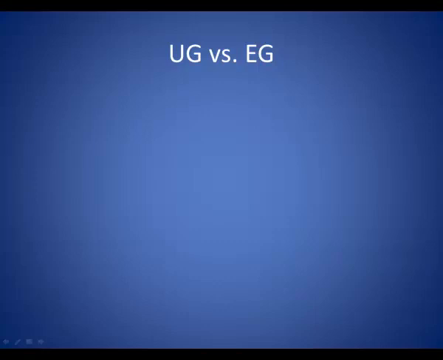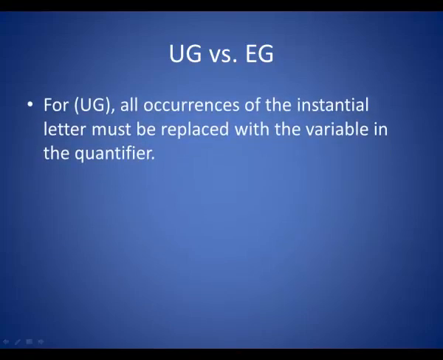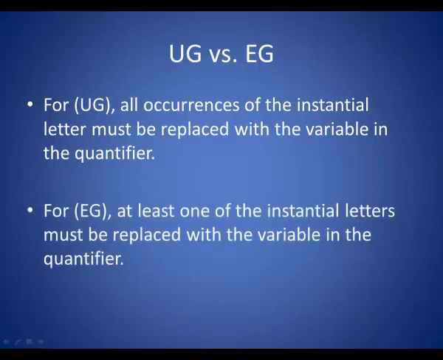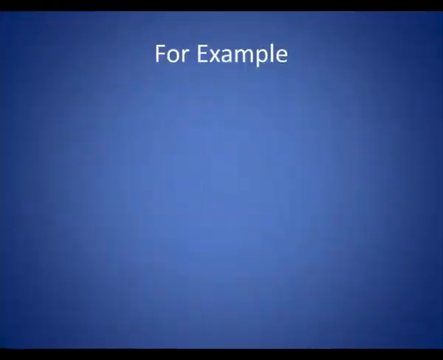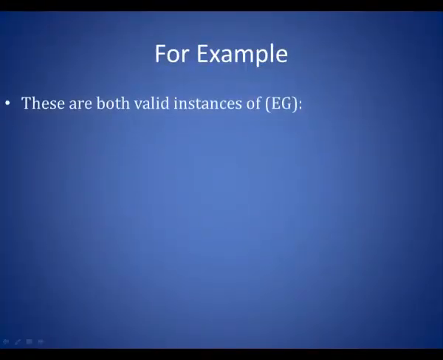Now I want to talk a little bit about the difference between UG and EG. Hopefully you've already figured out some of them, but let's make it clear. For UG, all occurrences of the instantial letter must be replaced with the variable in the quantifier. For EG, it's only the case that at least one of the instantial letters must be replaced with the variable in the quantifier. Let's look at an example to help clear this up.